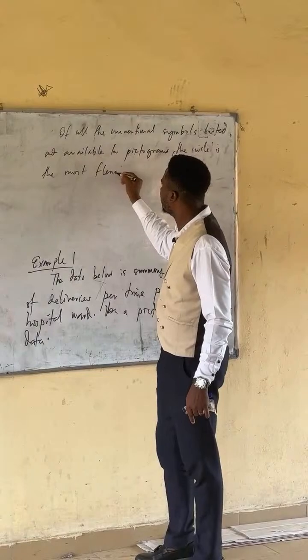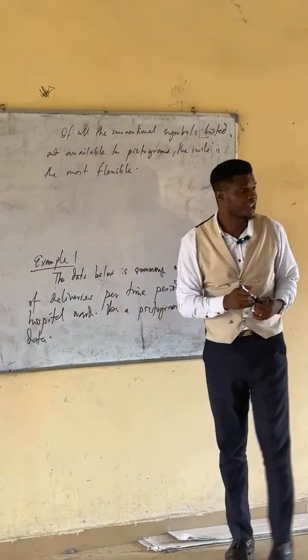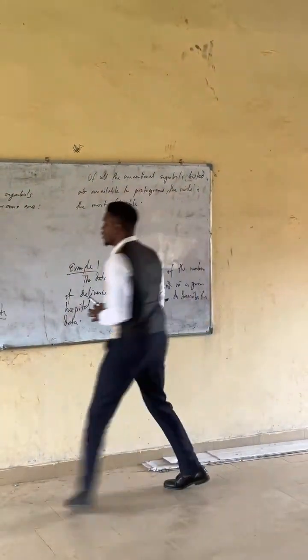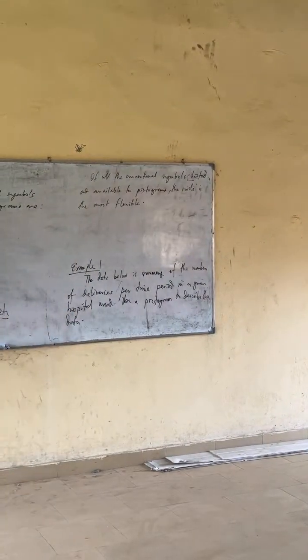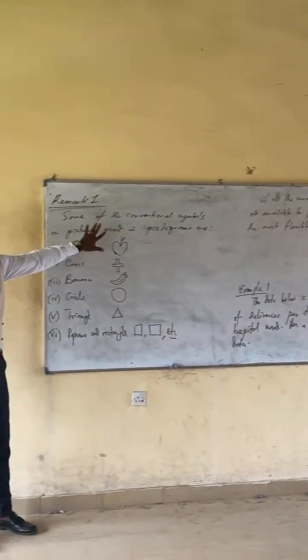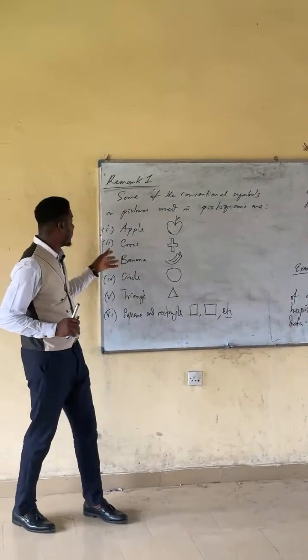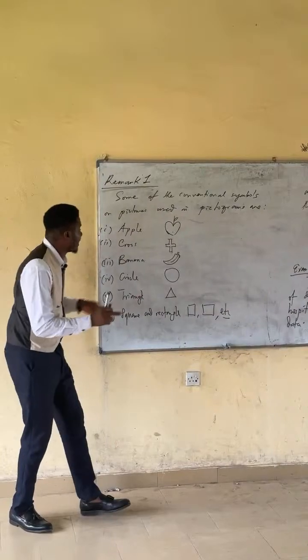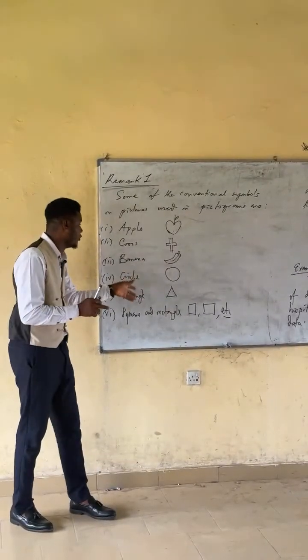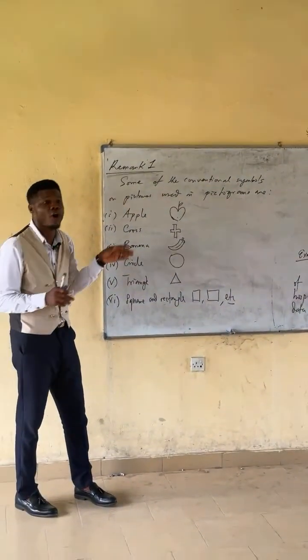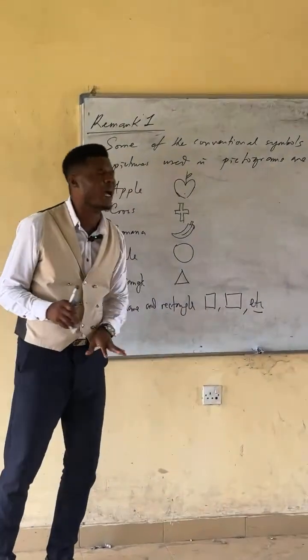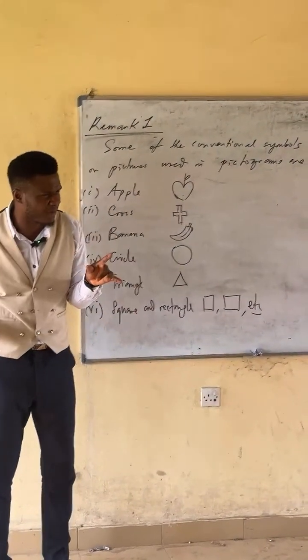Please, look up everybody. You see all these symbols. If you are to use the pictogram, all of these symbols or pictures can be used. You could decide to use the apple, the cross, the banana, the circle, triangle, or squares, rectangle. Is it clear, everybody?